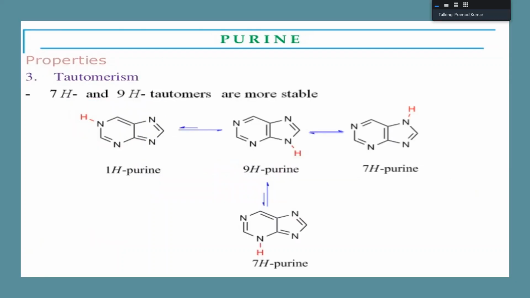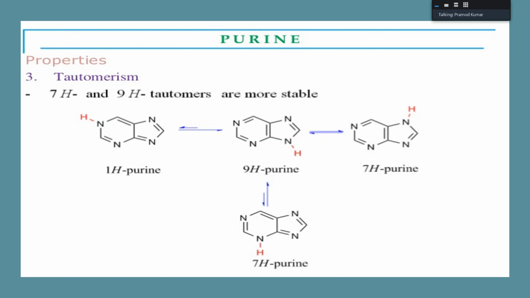Now let's go for the tautomeric forms, 7H or 9H. 1H purine means the hydrogen is on the nitrogen at the first position. Tautomerism gives you 9H purine.